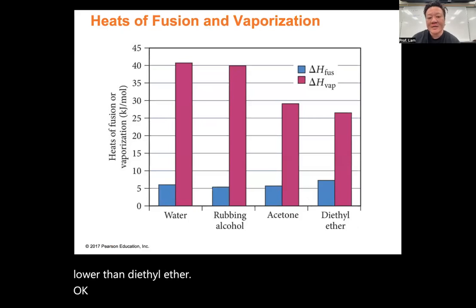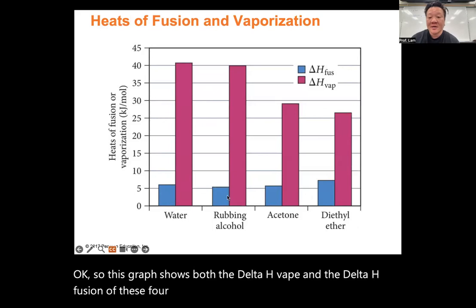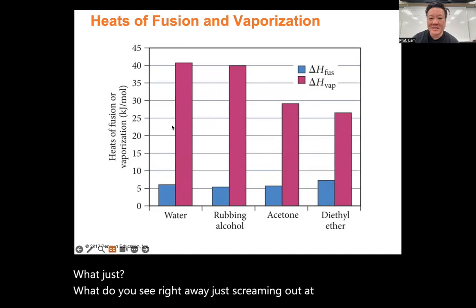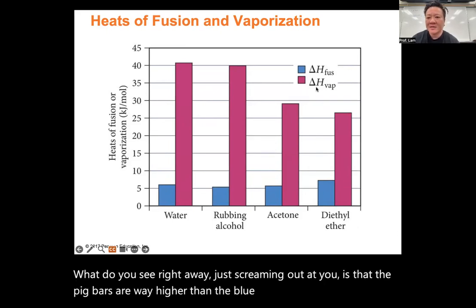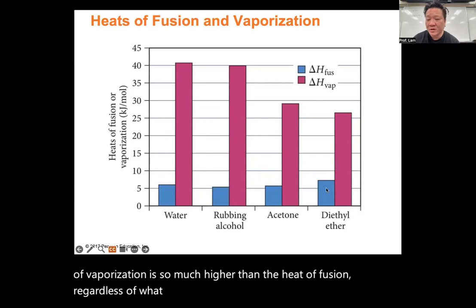So this graph shows both the ΔH vap and the ΔH fusion of these 4 liquids. What you see right away, screaming out at you, is that the pink bars are way higher than the blue bars, meaning that the heat of vaporization is so much higher than the heat of fusion, regardless of what liquid you are, right?